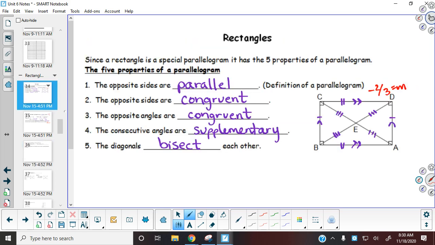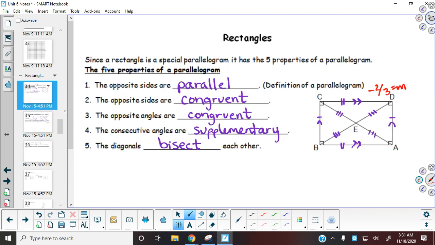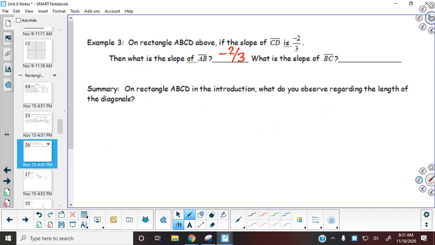AB is the opposite side, so the opposite side is going to be the same. And then BC is a consecutive side, meaning we have to have that right angle going on. And so if your CD is negative 2/3, we change our sign to become a positive, and we flip our fraction. Okay? So here's the deal.